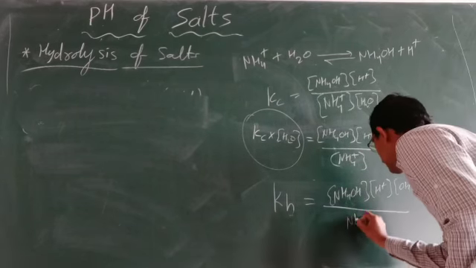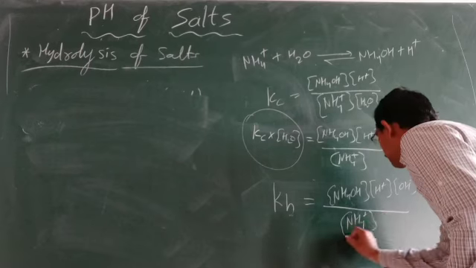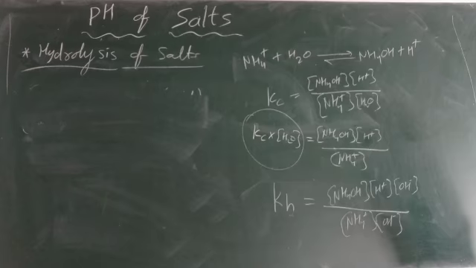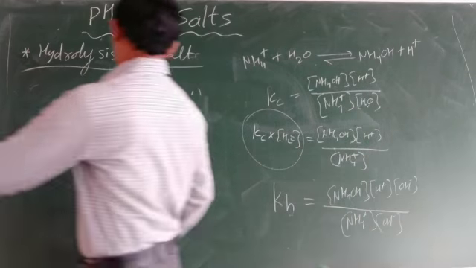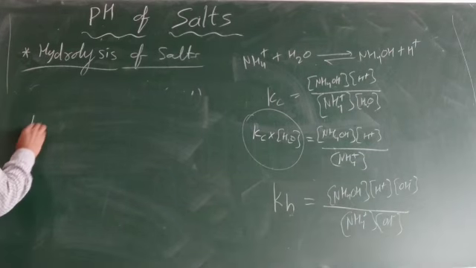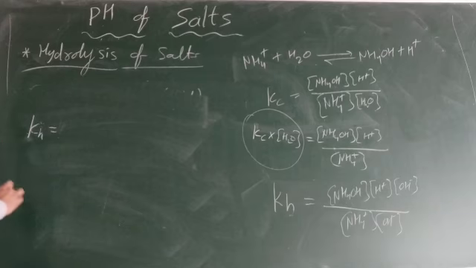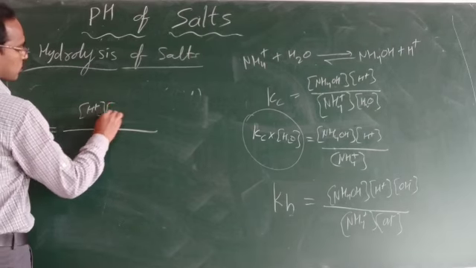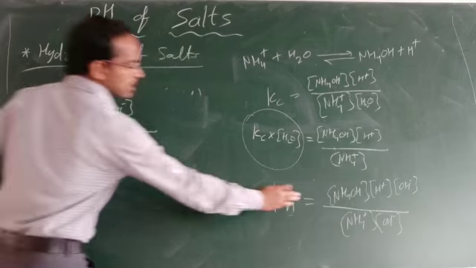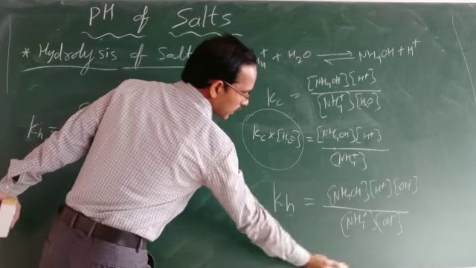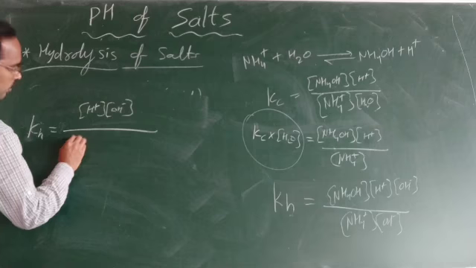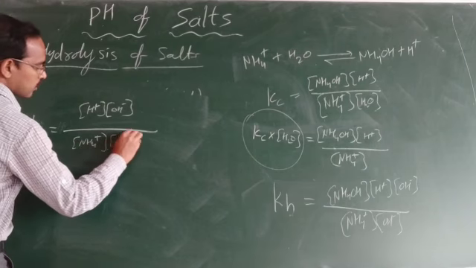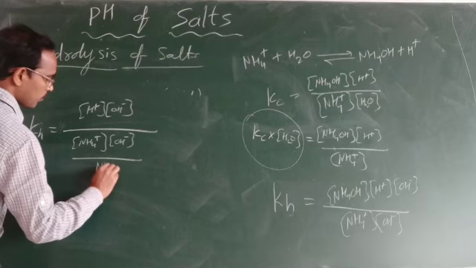Next down NH4 plus into OH minus. Right? Now this KH equal. Next I can write it H plus into OH minus. NH4OH is there. I am taking down NH4 plus OH minus upon NH4 plus.